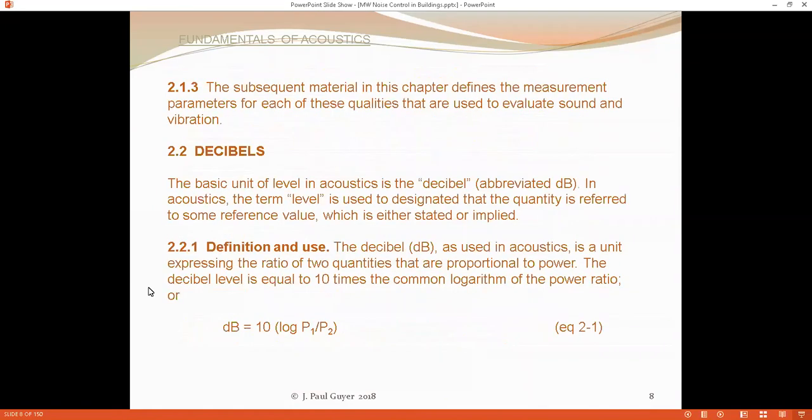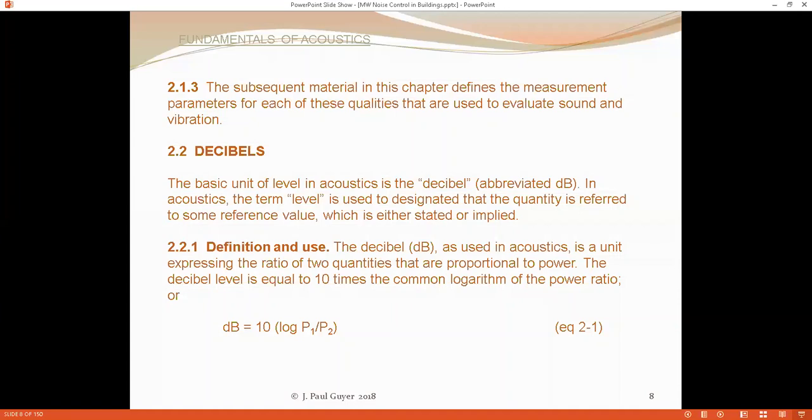Now, sound is measured in terms of decibels. That's the unit of acoustic energy. And it is determined by equation 2-1, based on the sound power that you are perceiving with your eardrum.